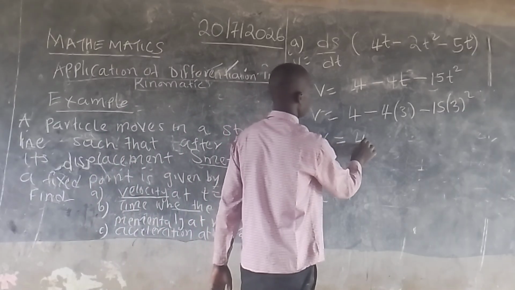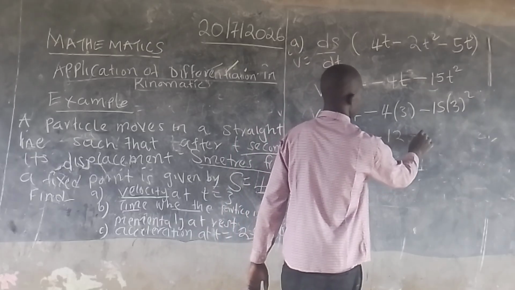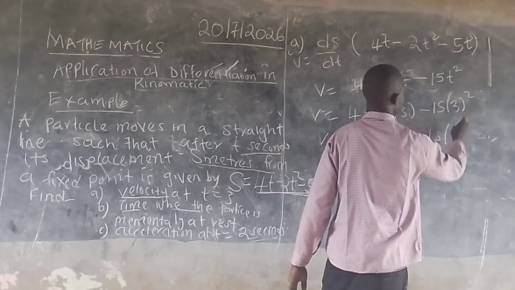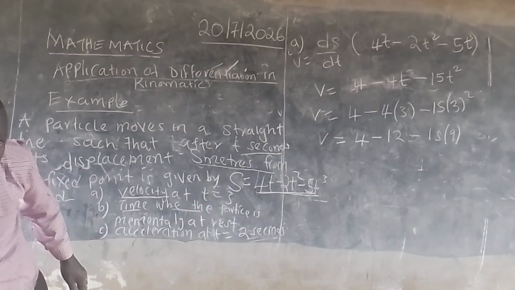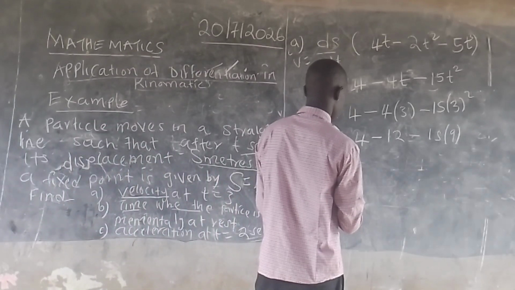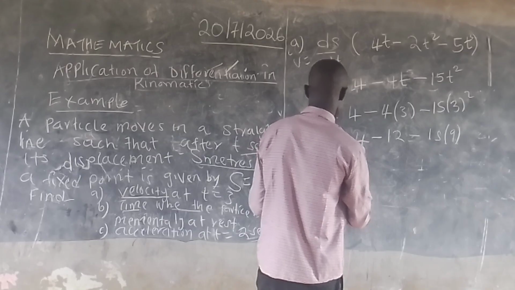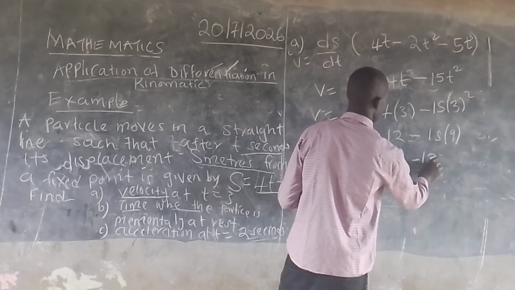We have 4 minus 4 times 3, we get 12, minus 15 times 9, which is 135.